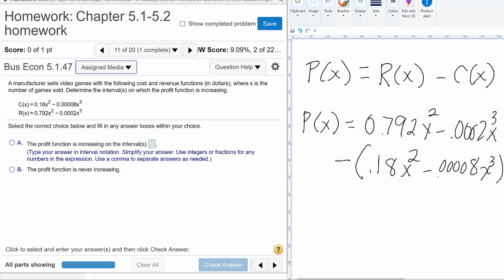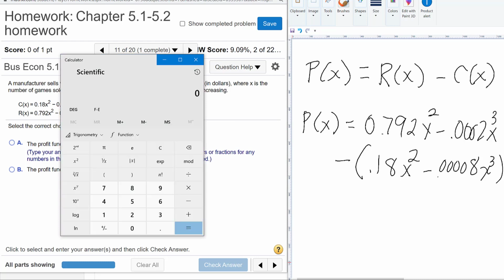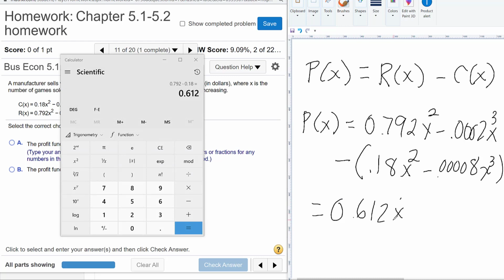So I'm going to get out my calculator, and I'm going to combine my x squares. So I've got a 0.792, and from that I'm going to subtract 0.18, and that gives me 0.612 x squared. Now I've got a minus 0.0002 x cubed and a minus minus, which means a plus 0.00008 x cubed.